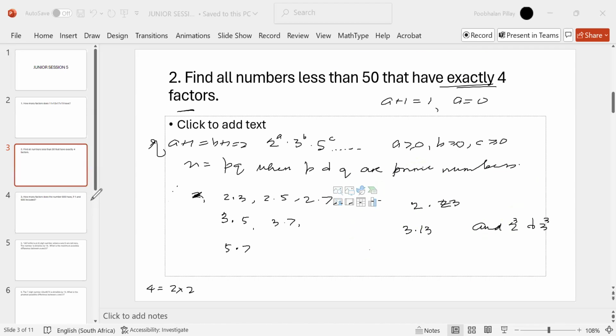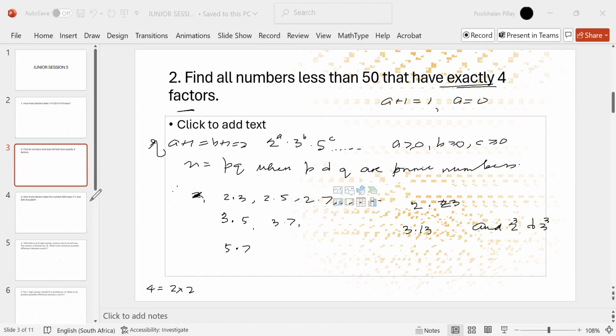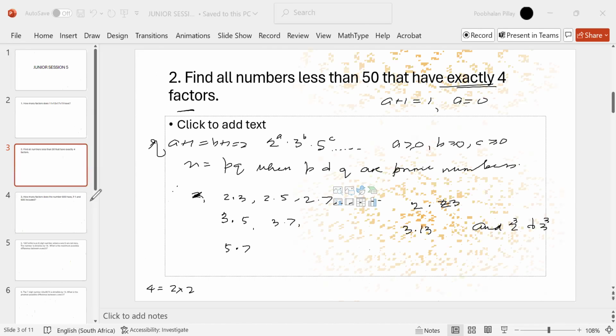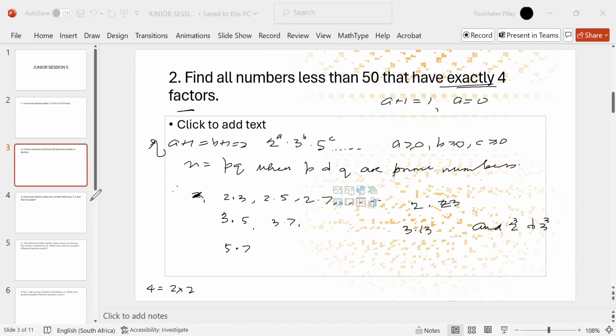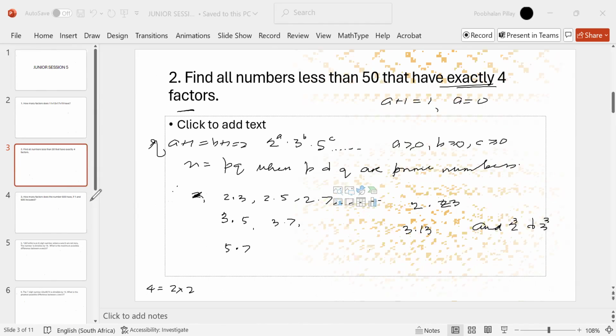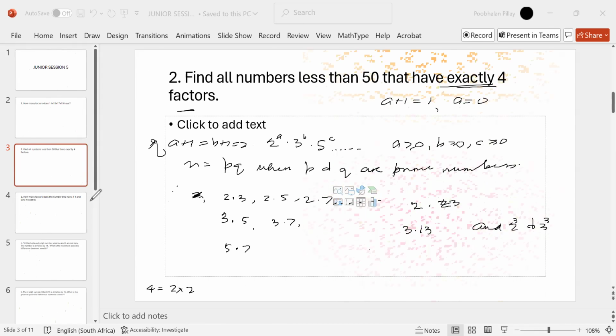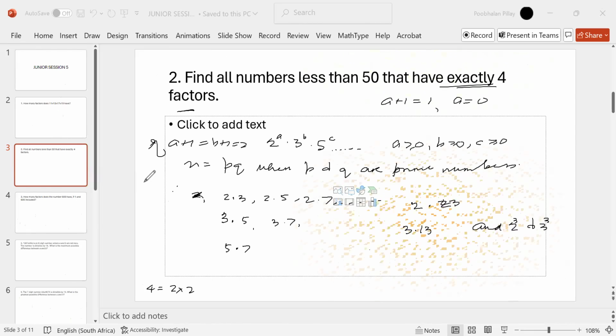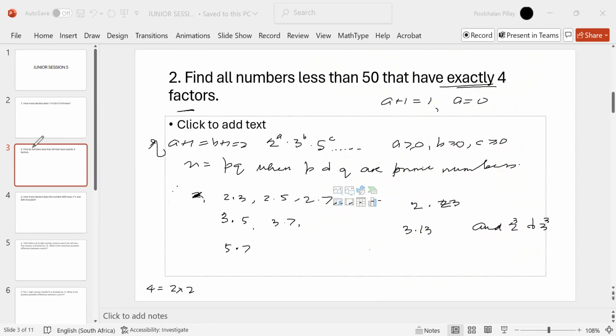It's only 2 numbers. You could have 1 times 4, or just 4 by itself, or 2 times 2, right? But we don't want to put 1 in that, because if a plus 1 is 1, then a equals 0, and then you have the prime to the power of 0, which we're not counting. Okay, so that takes care of this next problem.